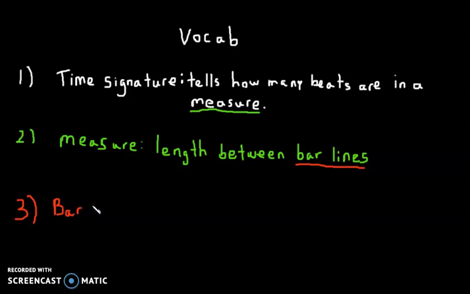Well, a measure line or a bar line is just a line. Oh, actually, I'll go back. It's a vertical line. Vertical means it's up and down.